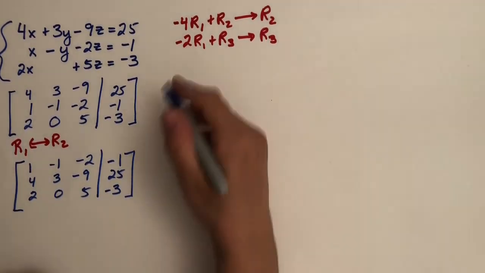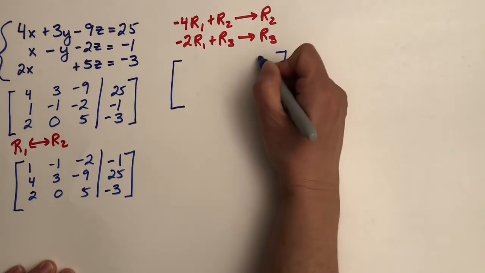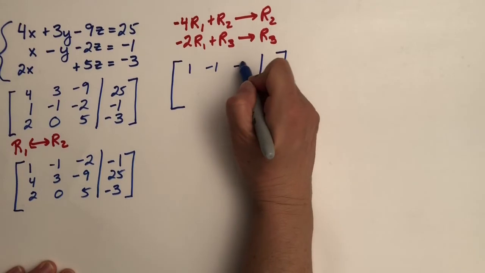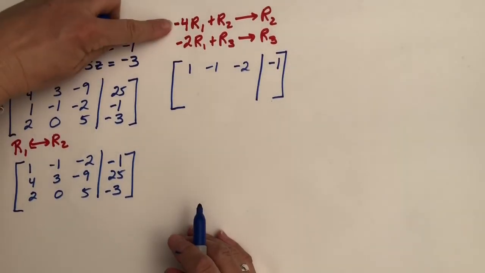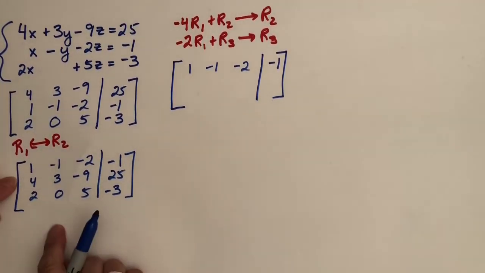So here we go. Remember, row 1 is unchanged. And now here comes our arithmetic. -4 times this row. And again, if you feel better doing it, grab some scratch paper.